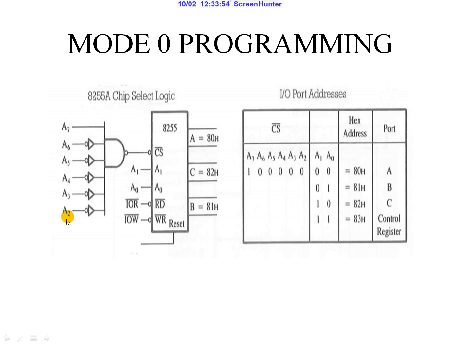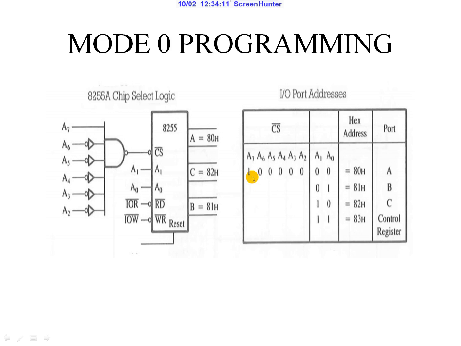So whatever address is given here, if these pins are selected, then this NAND gate is going to be given 0000.